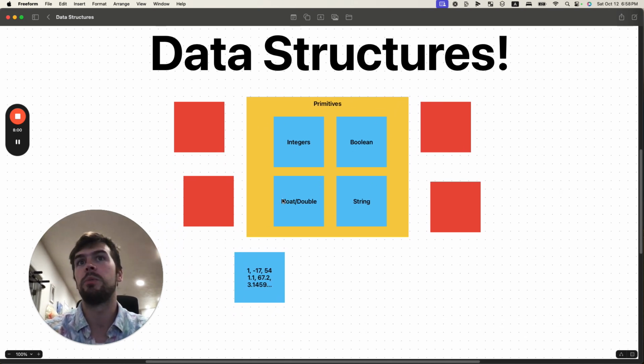So these are the 4 primitives that exist in no-code, and I highly encourage you to get very, very familiar with them and what they are, so that when you read integer, when you read Boolean or float or double or string, right, you don't get confused, and you know what it's saying and you're like, got it, I know what that's for.